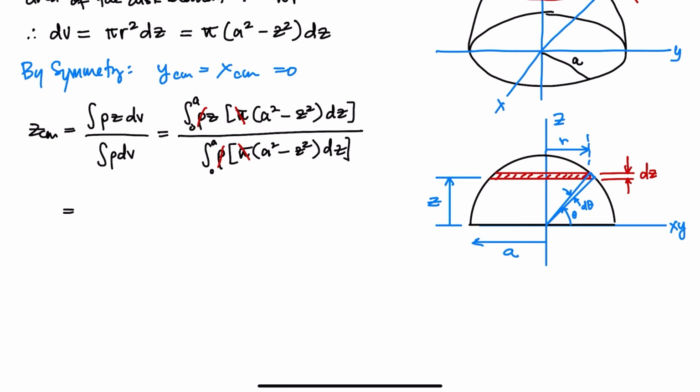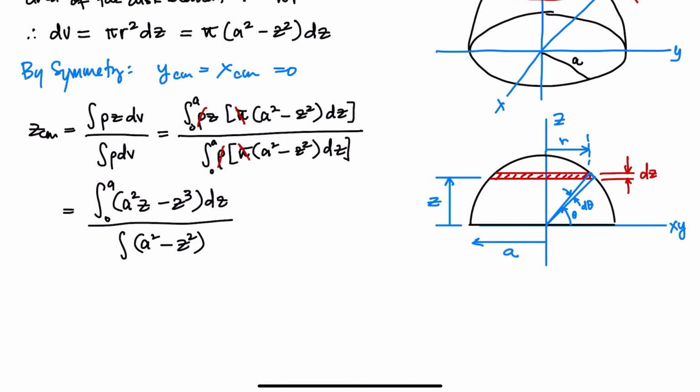So what we're now left with is the integral from 0 to a of a squared z minus z cubed dz, divided by the integral of a squared minus z squared dz, which is equal to this result.